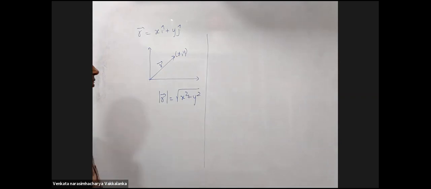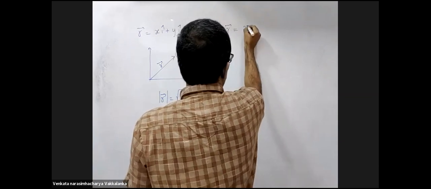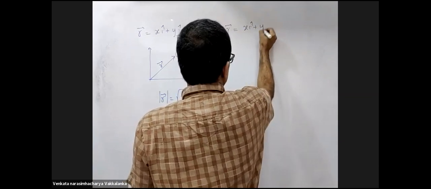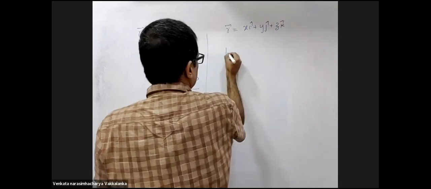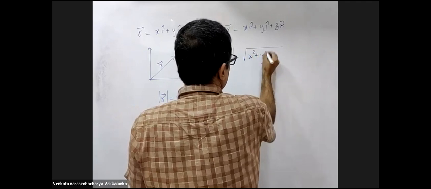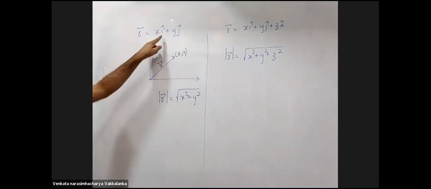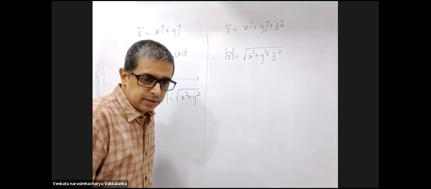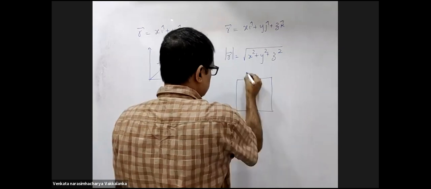Yes, sir. Suppose I write the vector as xi cap plus yj cap plus zk cap. Magnitude of R is root over of x square plus y square plus z square. The same logic extrapolated. Suppose you want to visualize this.